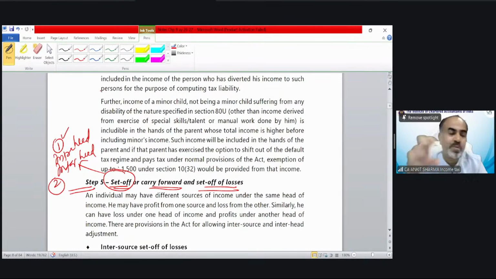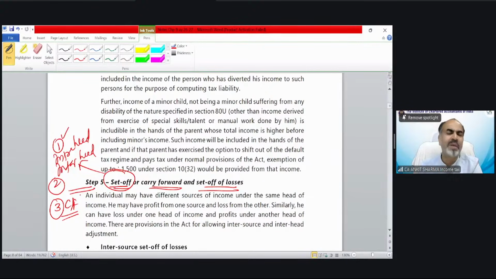And if that is not possible, then you can move to the inter-head concept of setting off of losses. You cannot apply first inter-head and then intra-head. And the third step would be, even after applying inter-head, if the loss is still not set off, then you need to carry it forward for future years.